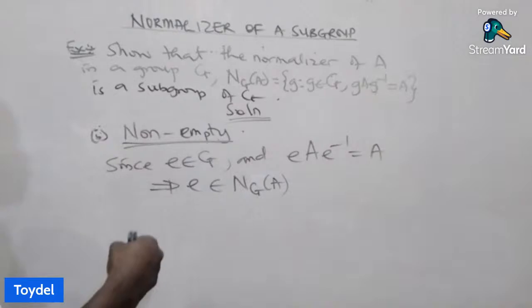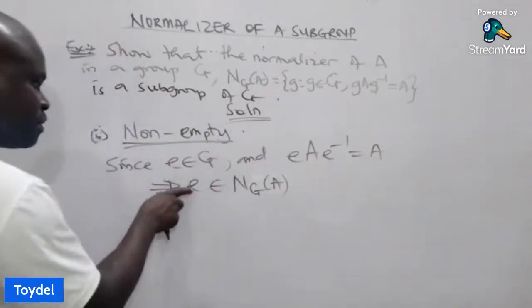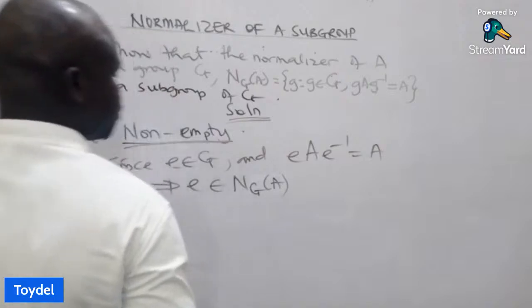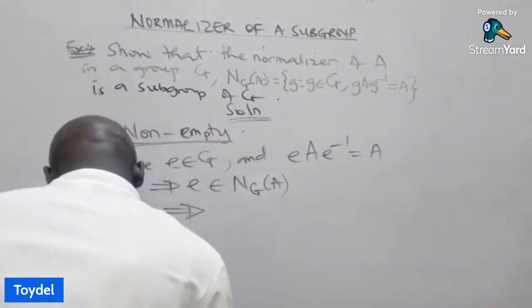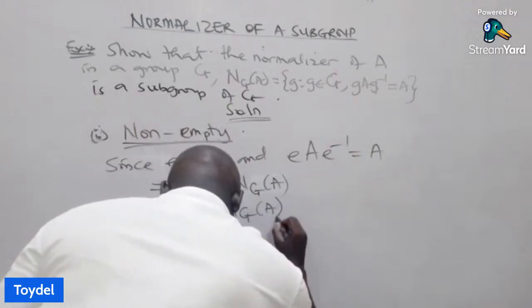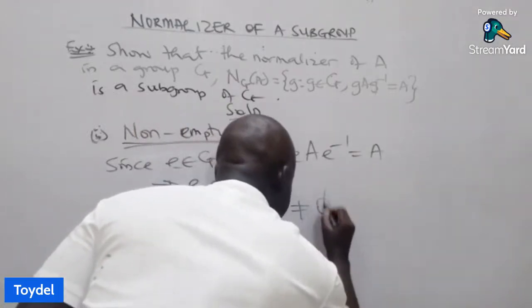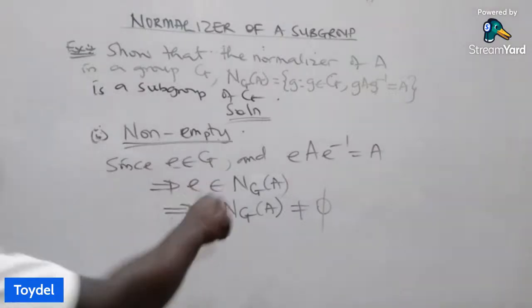Every subgroup is a subset of a group. So if e belongs to the group, it simply means that e will belong to the normalizer. Finally, it implies that the normalizer of the subgroup is not empty. That is the first thing that we show: the normalizer has at least one element.